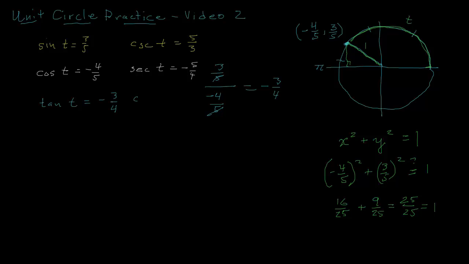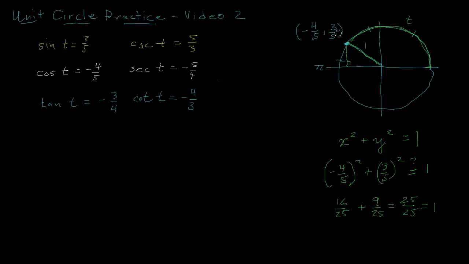And the cotangent is the reciprocal of the tangent, which would be negative 4/3. Let's erase this stuff right here. And that's the answer.